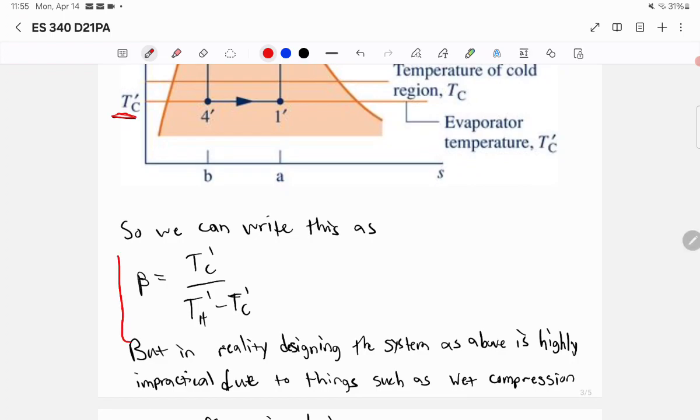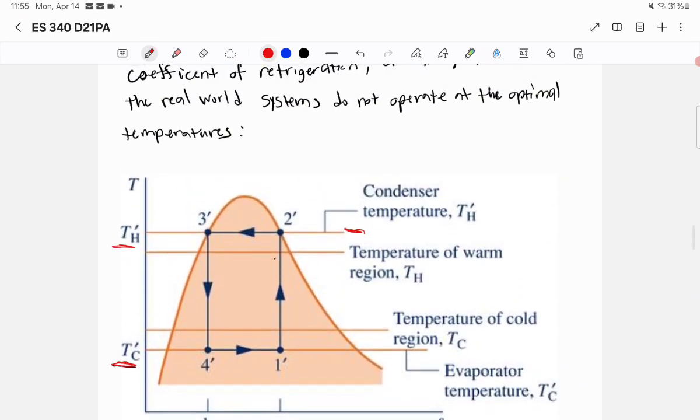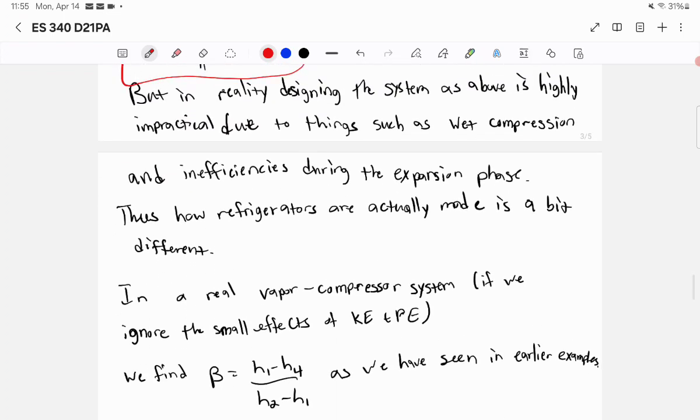And the efficiency in that case would then just be very simple, right? It would just be TC prime over TH prime minus TC prime, because we would just have to find whatever those operating temperatures are. So this would be great in theory. We could operate the Carnot cycle and just accept some slight inefficiencies. But there's actually problems with doing that.